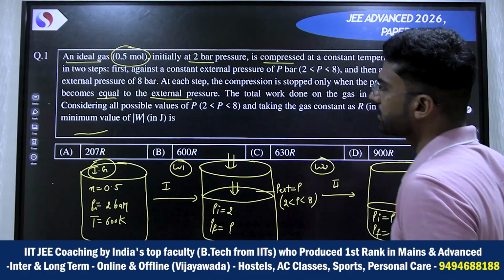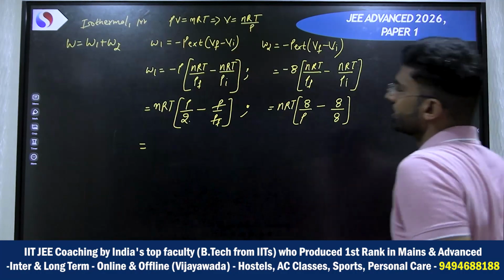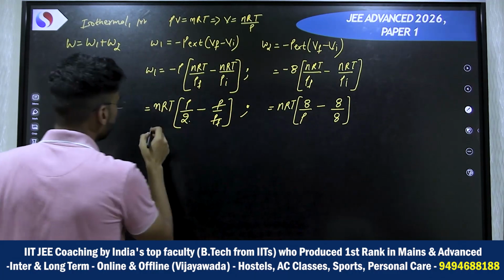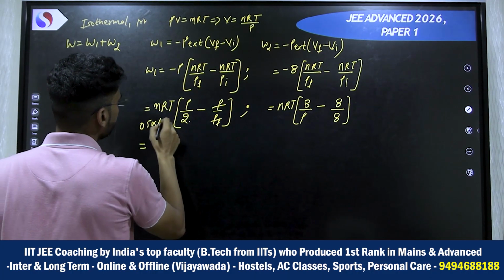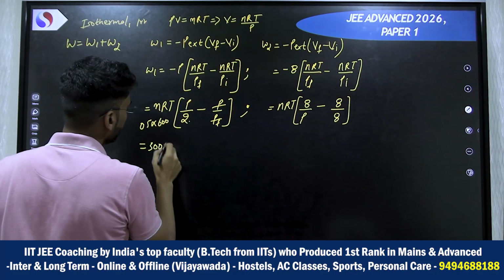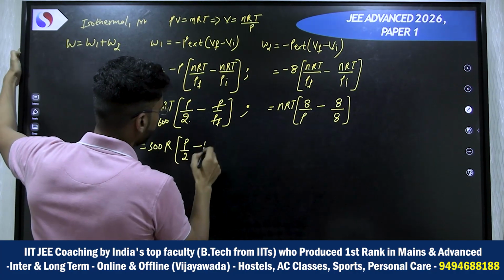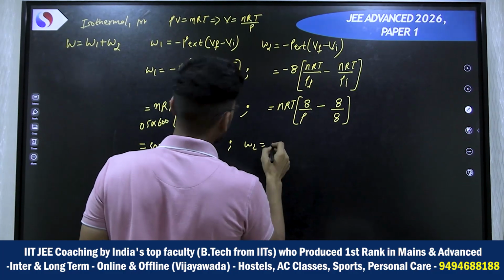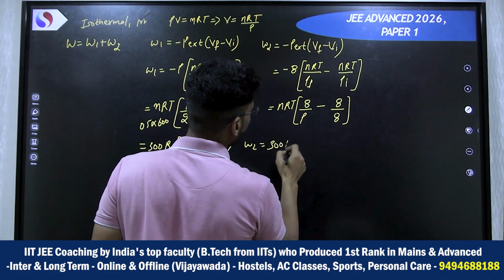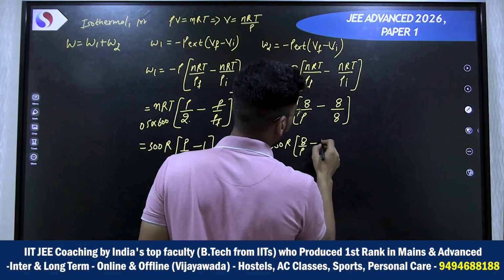The number of moles is 0.5, temperature is given 600, so it will be equal to 300 R (P by 2 minus 1). So W2 is equal to 300 R (8 by P minus 1).